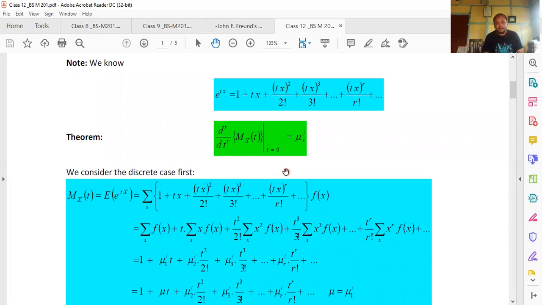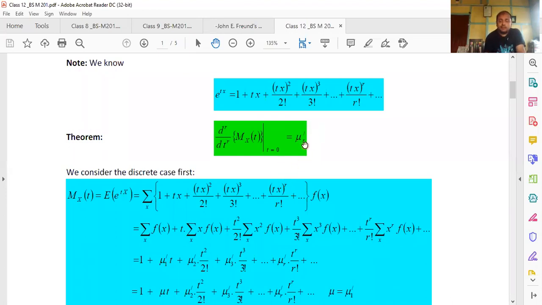If you substitute that, then you can easily calculate mu r prime. The result which you obtain is equivalent to mu r prime. So the r-th derivative d^r/dt^r of M_X(t) at t equal to 0 gives you mu r prime. You can prove it with the help of mathematical induction, or you can take simple examples and check it.